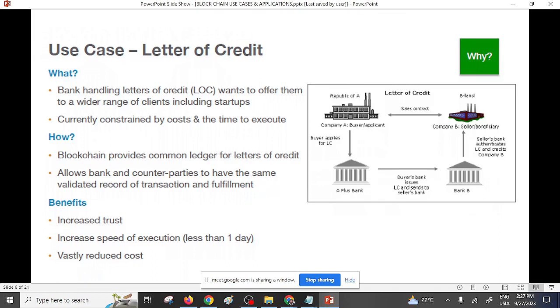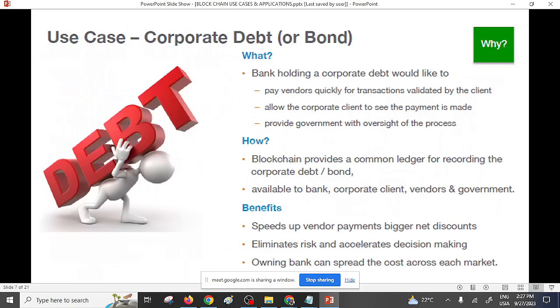The days are really being reduced into a number of hours, right? And of course, the cost of transaction is also reduced. Better still, within the banking industry, maybe in corporate debt, blockchain provides a common ledger.